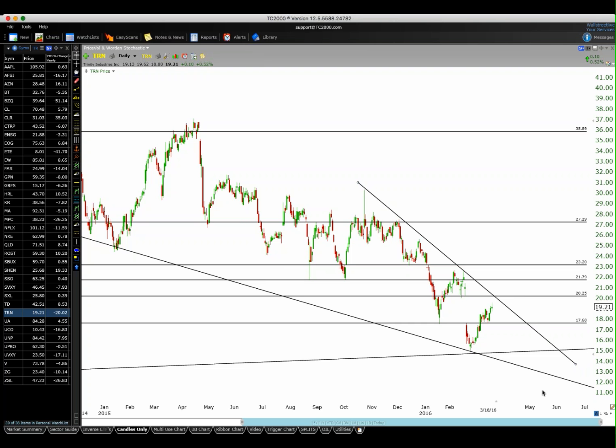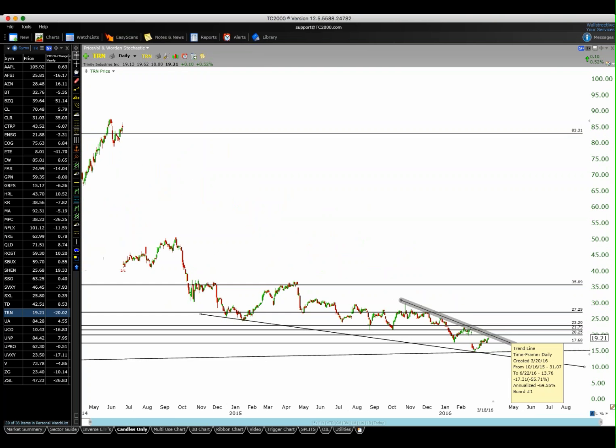Okay, so by having this line in place, if it doesn't break right here when it closes this gap and hits this, it's going to come right back down and find a new support level somewhere in this area. Okay, because that is the pattern it's in right now. But when we break this line on the other side, then it's just going to slowly drift its way up to these different levels. All right.